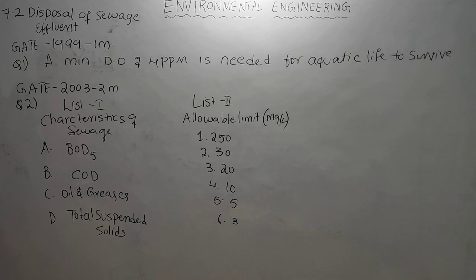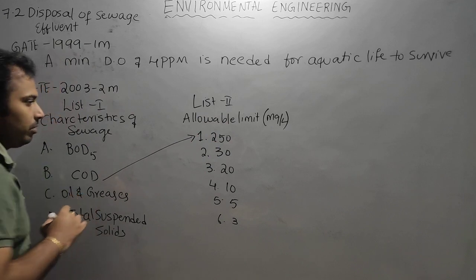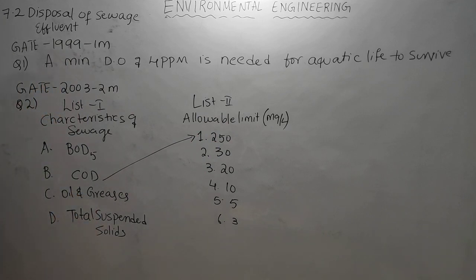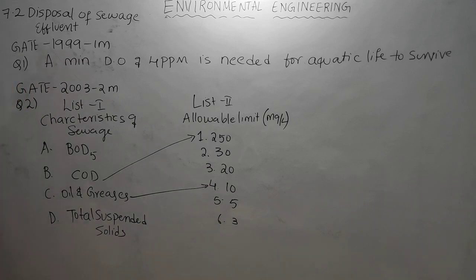It should be less than 250. For both, it should be less than 250. What is the limit for oil and greases? It should be less than 10. What is the limit for total solids? It is 100, but no option is given here. Okay, I think some option mistakes are there.